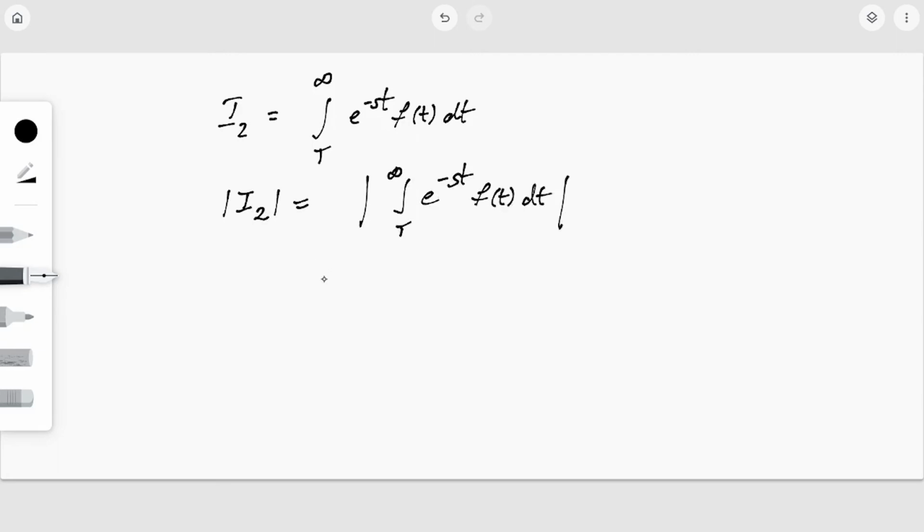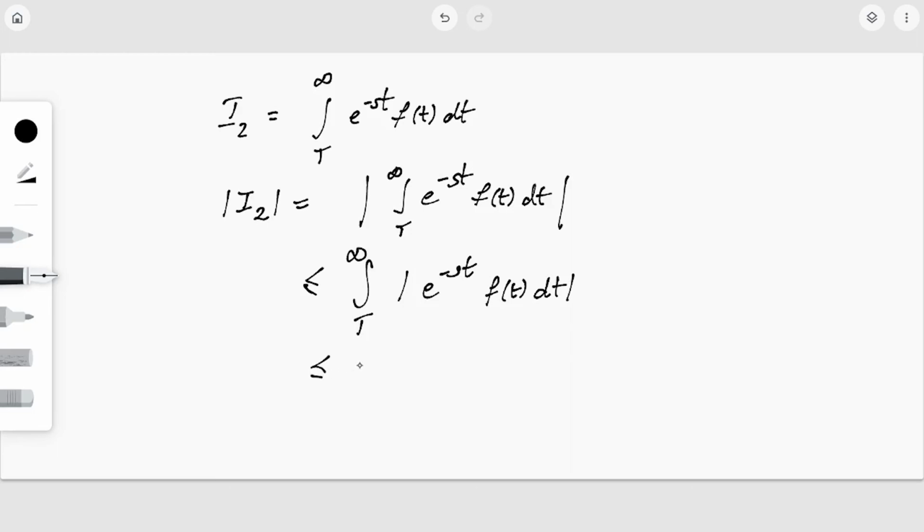By the modulus property, the modulus goes inside the integral, so we get the inequality sign, less than or equal to the integral from T to infinity of the modulus of e raised to minus st into f of t dt.